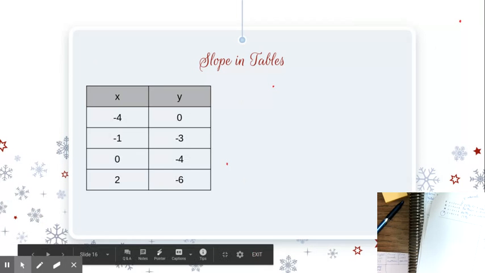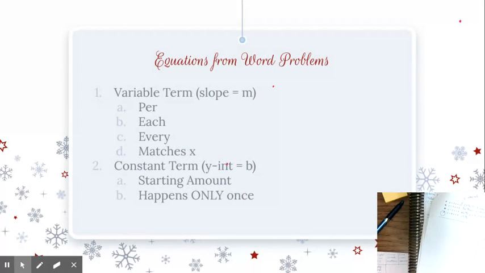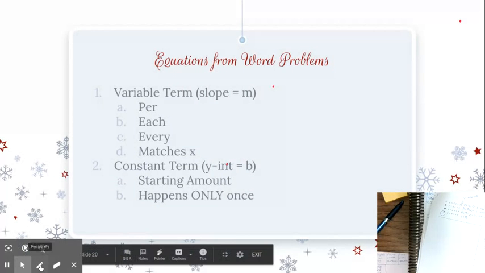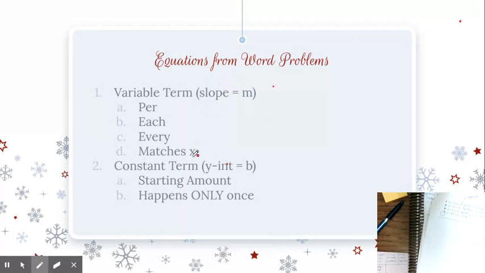So remember, the variable term, your slope, the one that goes with the x, you want to find per, each, or every, or something like that. And then the constant term, the term that's all by itself, you want to find a starting amount. So starting amount, initial amount, fee, membership fee, initial fee, a one-time fee.